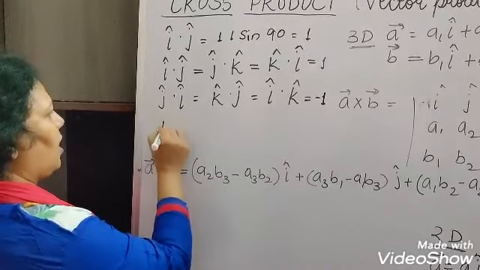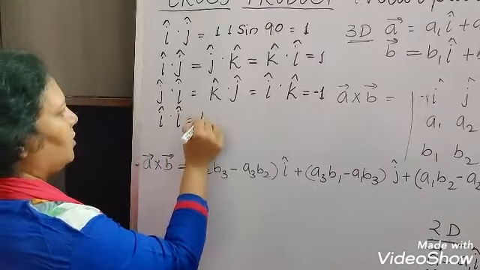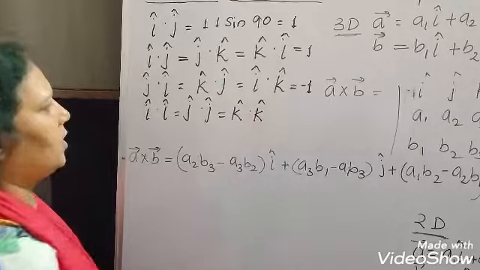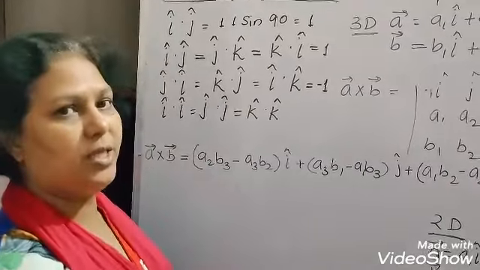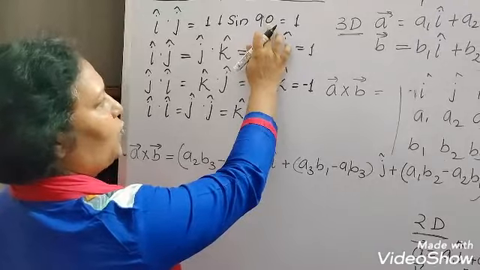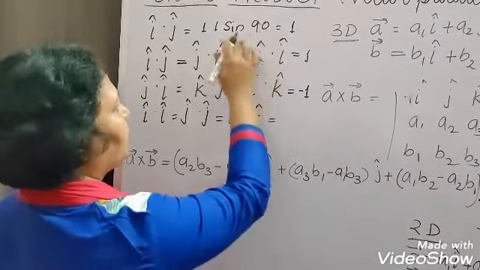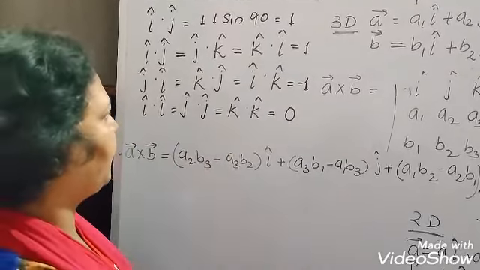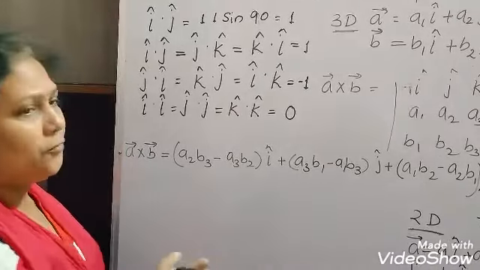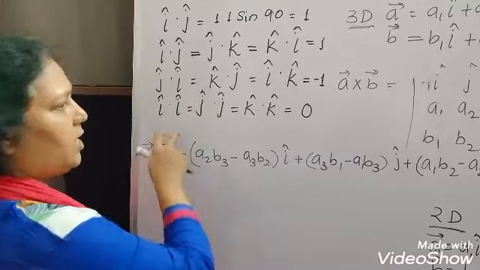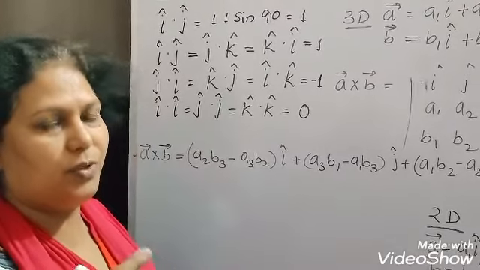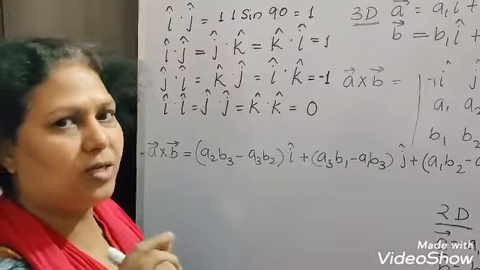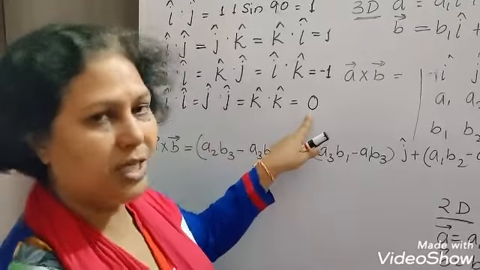Now what about i dot i, j dot j and k dot k? These are the same vector, so the angle between these is 0. Sine 0 is 0 here, so this is 0 in this case. If the angle between any two vectors is 0, or the two vectors are parallel, then the resultant will be 0.